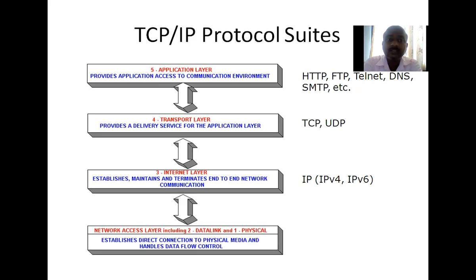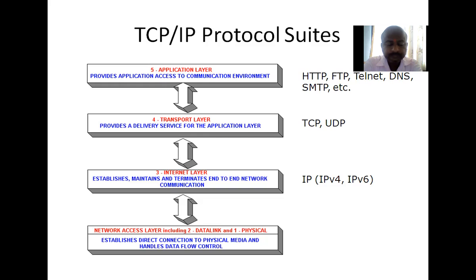In the OSI model, there are a total of 7 layers, but in the TCP/IP protocol suite, there are 4 layers. Session and presentation layers are absent, and physical and data link layers are combined together, that is host to network.